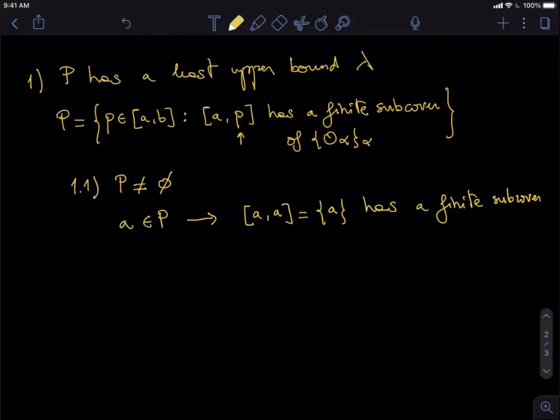Why so? Because any set that you pick in the open covering, let's call it O beta, this is in our original collection. Any set O beta such that A is contained in O beta will do.